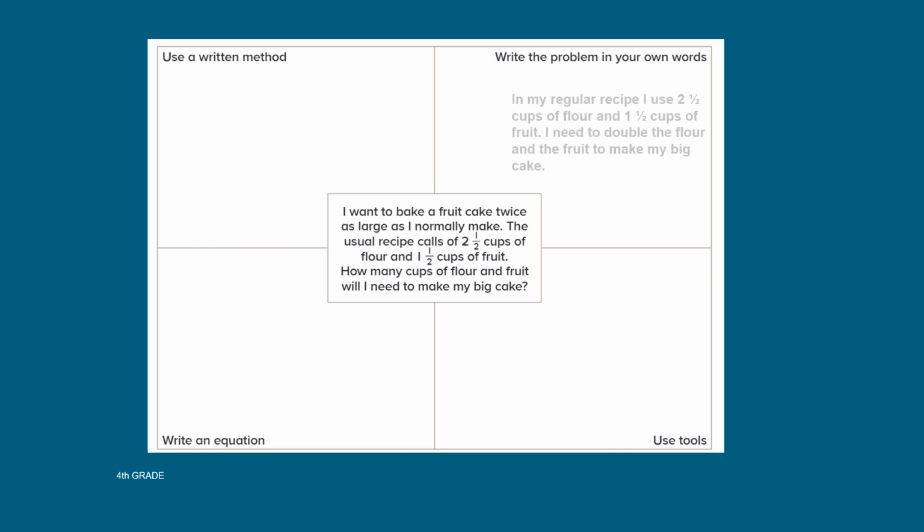We know that the regular recipe uses 2½ cups of flour and 1½ cups of fruit. Since we are doubling the recipe, we will need to double the flour and the fruit to make the larger cake. How might you solve the problem?